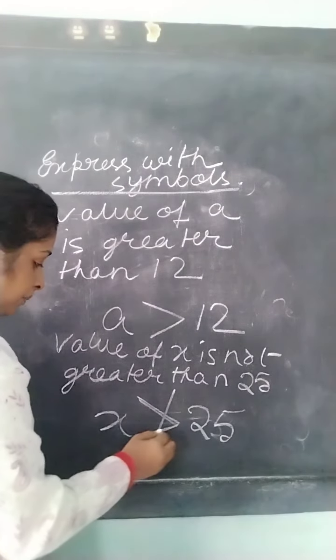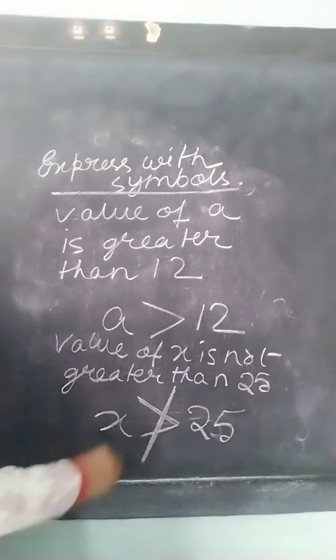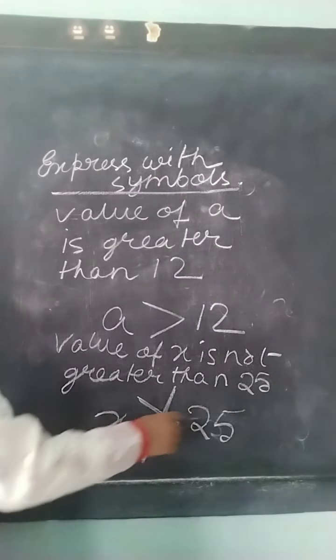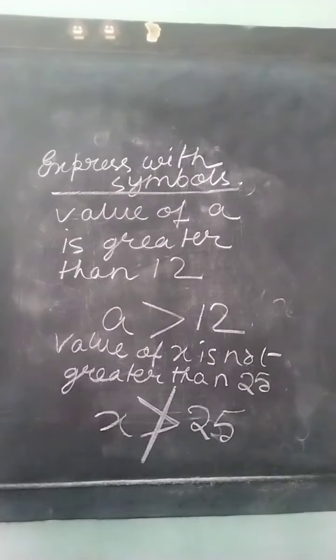Greater than will be cancelled like this to represent not greater than. So the value of x is not greater than 25. In this way you will write the symbol as the words will be given to you.